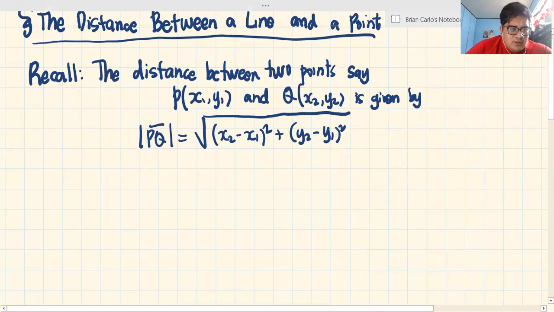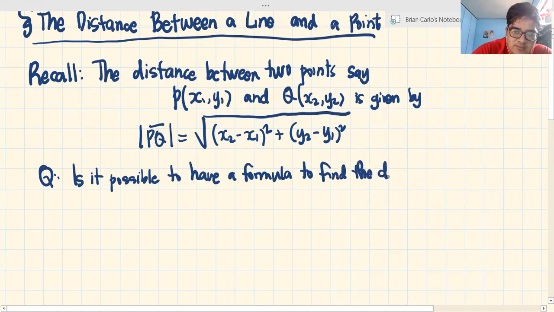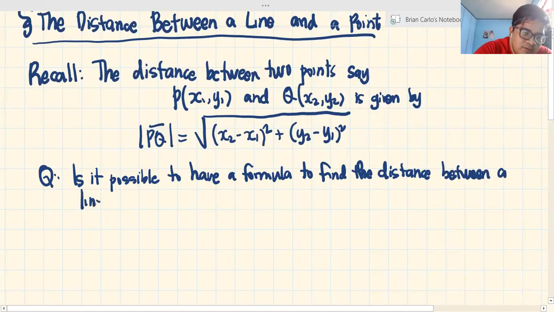Ngayon, one great question is that, is it possible to have a formula to find the distance between a line and a point?